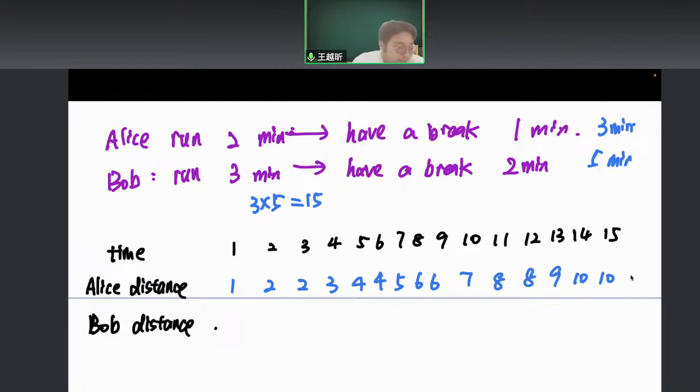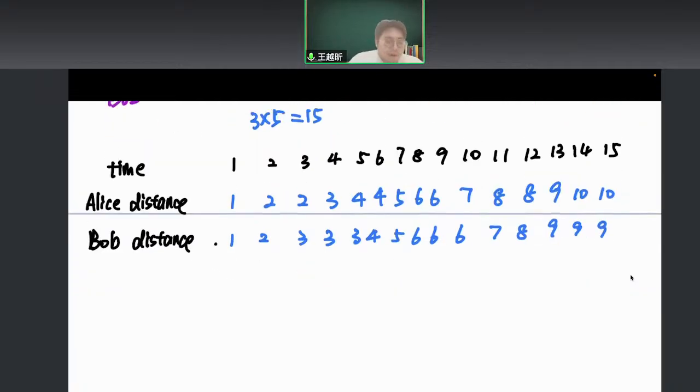And for Bob's distance will be 1, 2, 3, 3, 3, 4, 5, 6, 6, 6, 7, 8, 9, 9, 9. So we know in one period, Alice will run one part faster than Bob.